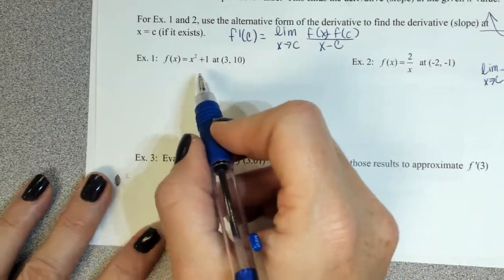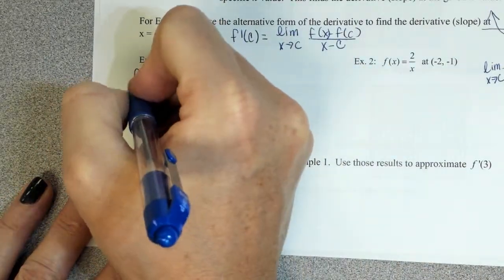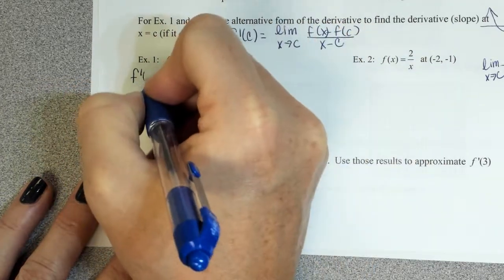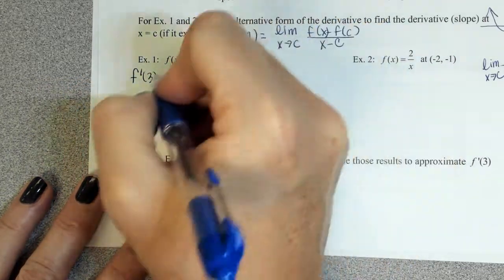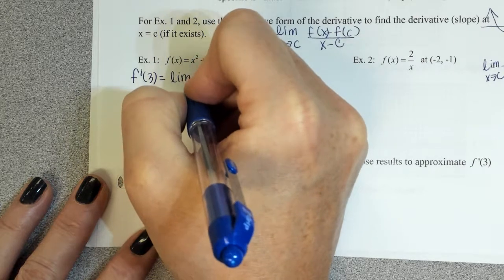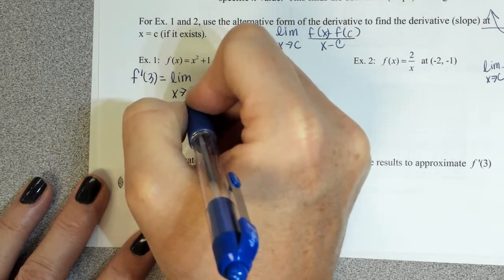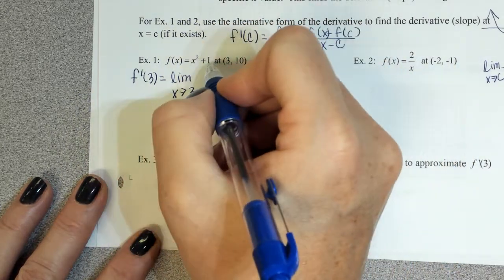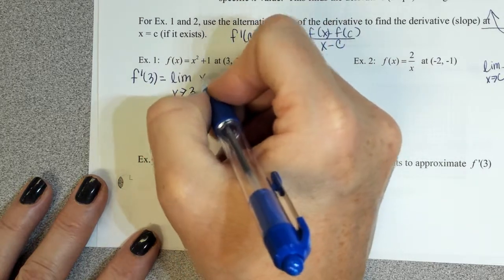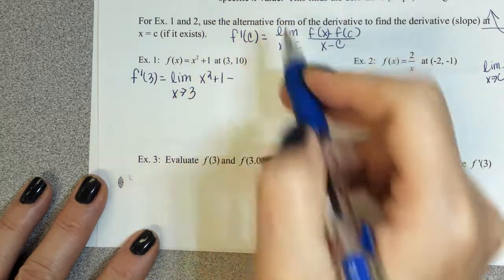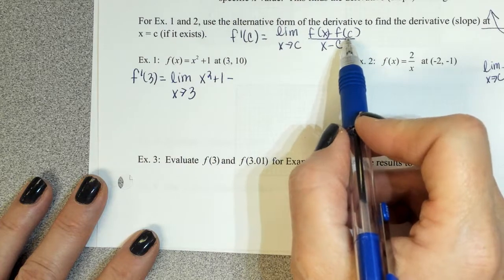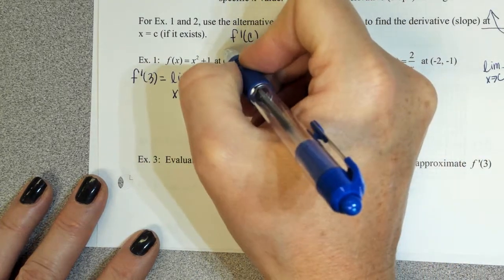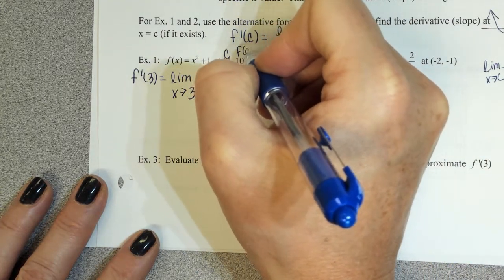So now let's actually do the problem. So if I want to find f prime of 3, I have to do the limit as x approaches 3 of f of x, that was given, minus f of c. Well, right here, this is my c value, and this is my f of c value.